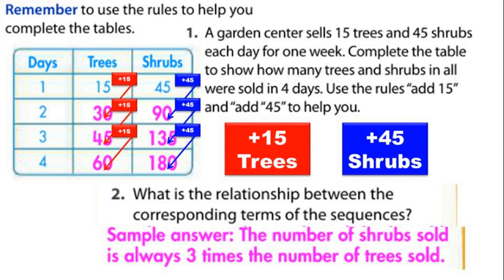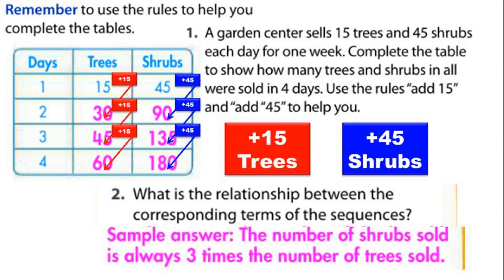So what is the relationship between the corresponding terms of the sequence? Sure, here the number of shrubs is more than the number of trees each time.